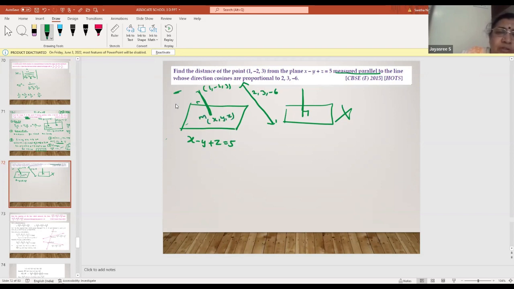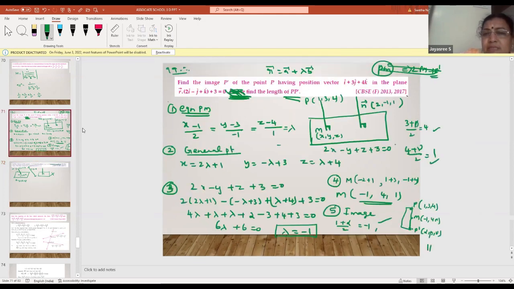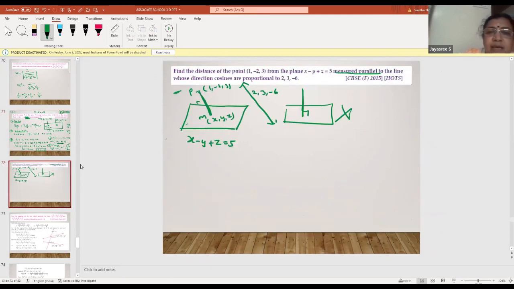Now we have to tell the children to observe the difference between this particular sum and this sum. Here also we are taking M as the general point x, y, z, with the equation of the plane, and we are writing the normal. In this diagram, since I made it wrong, they can't take the normal also. So this will be completely wrong.